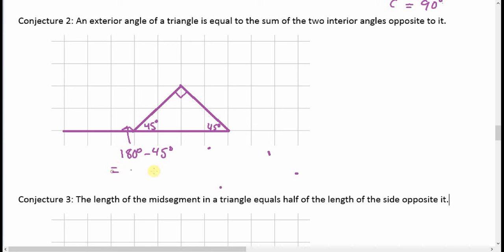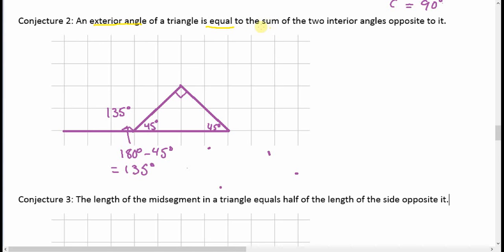Okay, so 180 degrees minus 45. I like to do 180 minus 40 is 140, and then minus another 5 is 135.